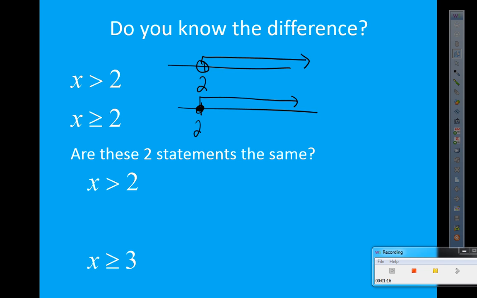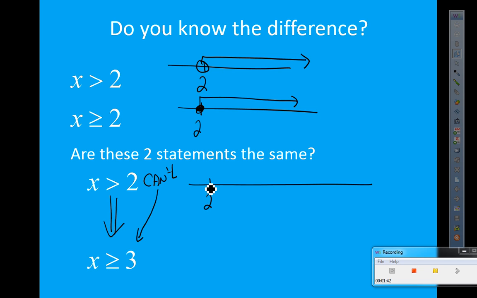Unfortunately, here's what a lot of people think. They think x greater than 2 is the exact same thing as x is greater than 3. Because here goes their thinking, you can't use 2, so the next number after 2 is a 3. That's really, really wrong. Think about this for just a second.